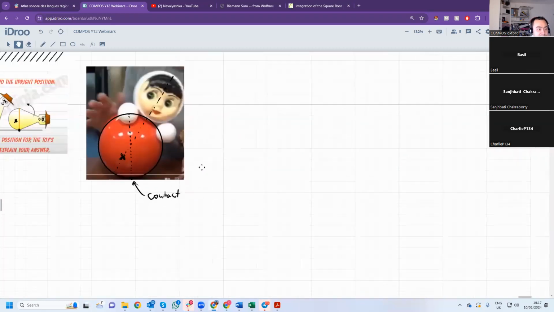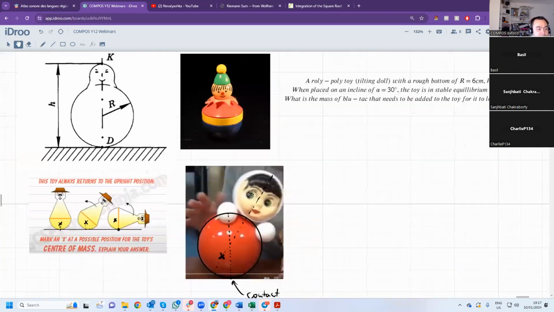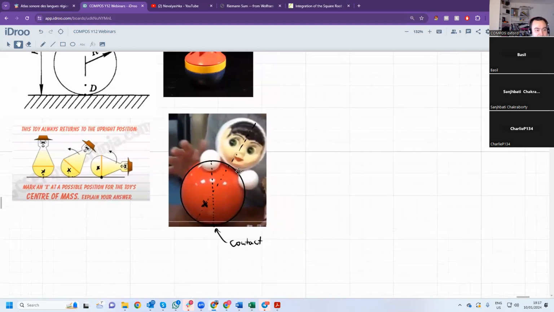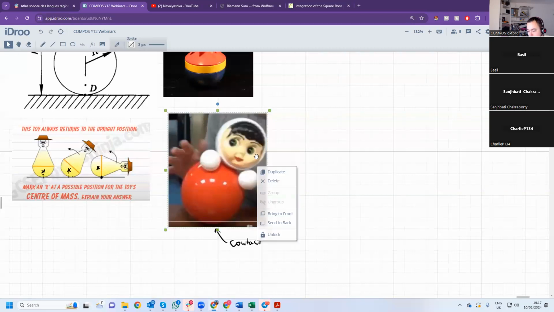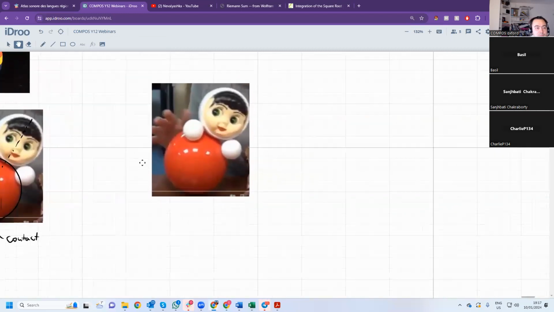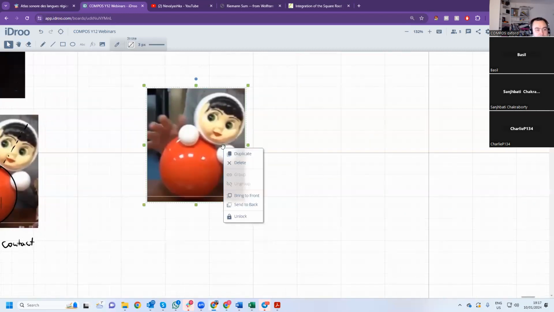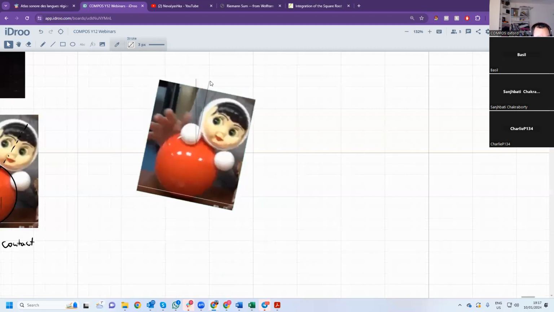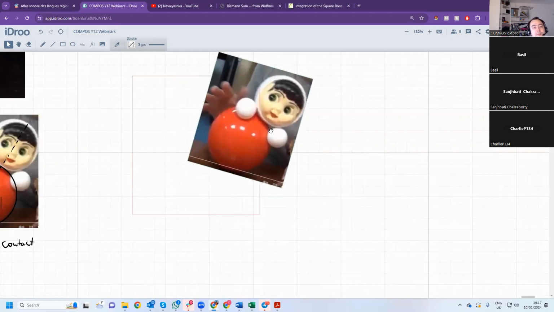Ooh, interesting. So I'm going to try to use this picture. Is that 45? Does that look like 45-ish? Tilted at 45 degrees.